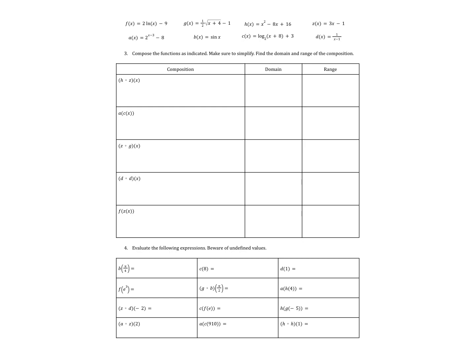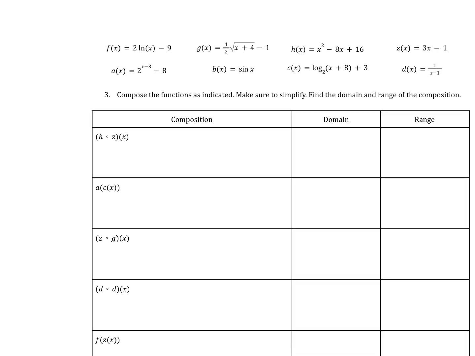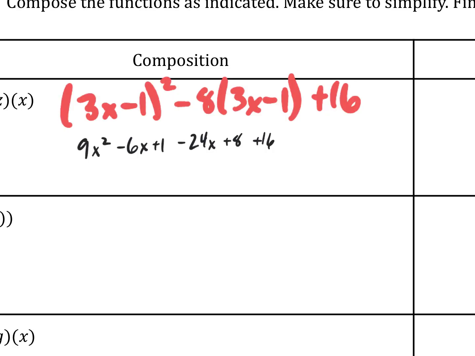So here we go. H composed with z. I'm going to put z into h of x, so anytime I see a 3x minus x, I'm going to write a 3x minus 1. This is going to simplify like that.